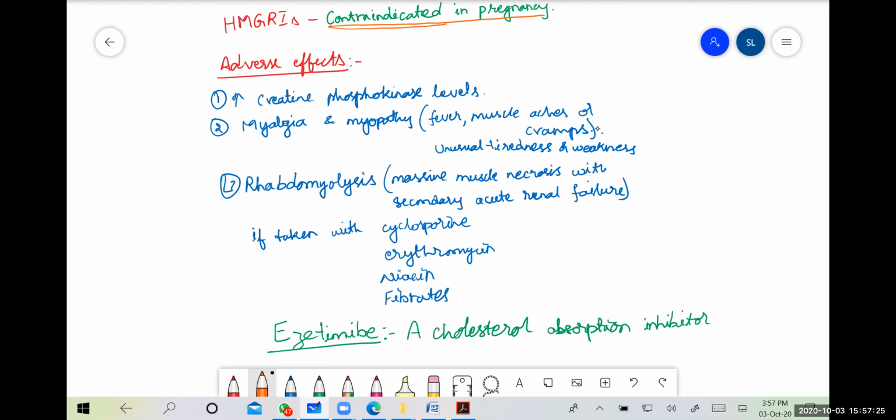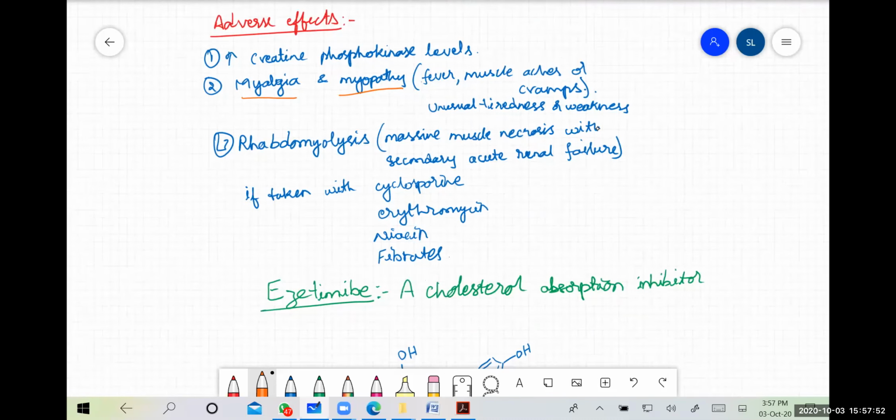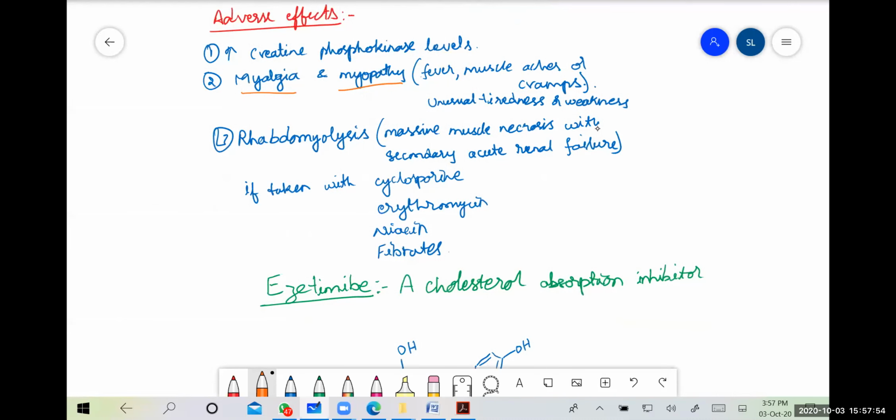So creatine phosphokinase levels are increased with administration of HMG-CoA reductase inhibitors. Then the other adverse effects are myalgia and myopathy. Fever, muscle aches or cramps, and unusual tiredness and weakness are called myalgia and myopathy respectively. So myalgia and myopathy are the common adverse effects seen with the administration of HMG-CoA reductase inhibitors.